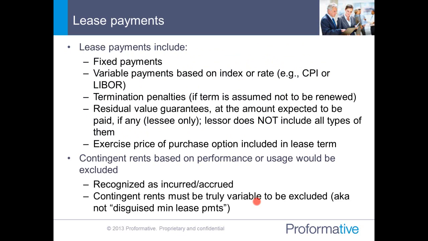Okay, the payments are going to include the fixed contractual payments in the lease, and variable payments, except only those that are based upon an index or a rate. An index being something like CPI, which is common in real estate leases, or a rate like LIBOR in the case of floating rate leases. And what you would use to calculate the variable payments is the spot rate.